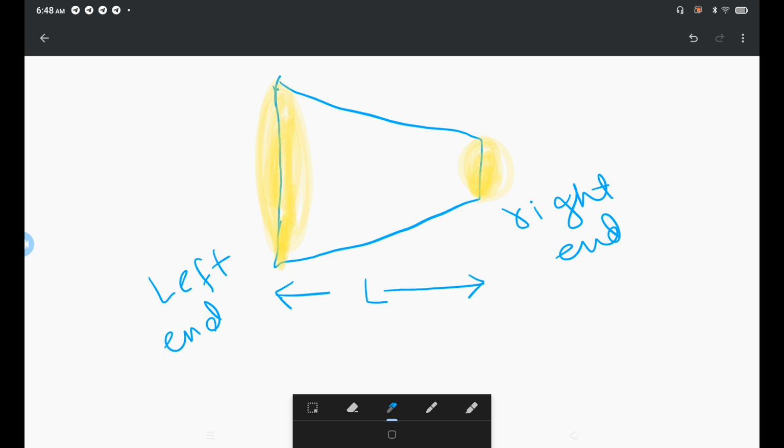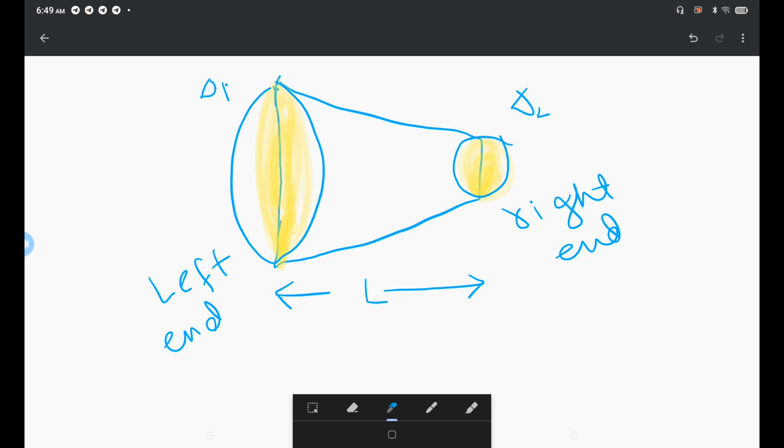The left end cross section diameter is D1 and the right end cross section diameter is D2.